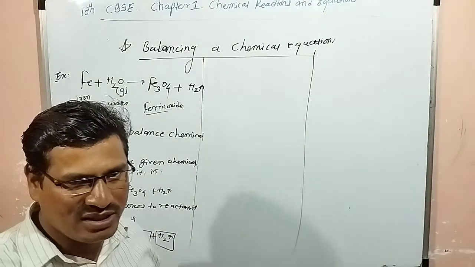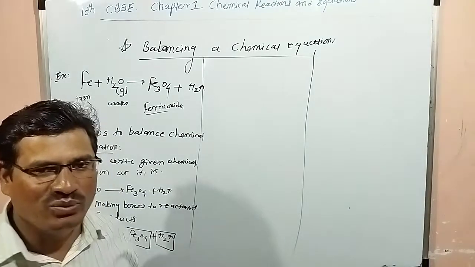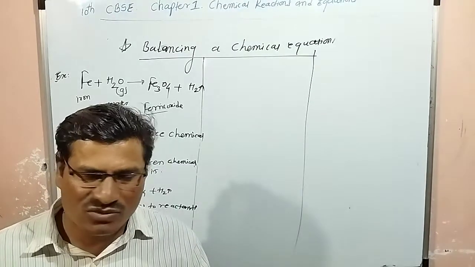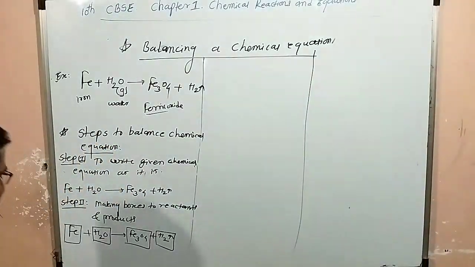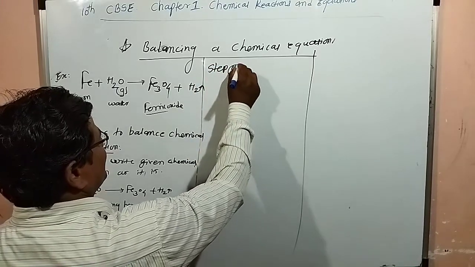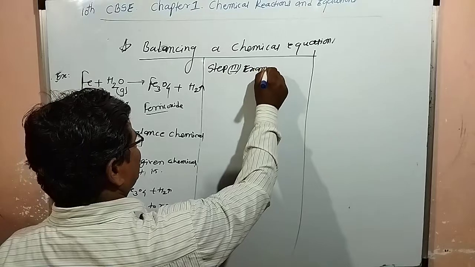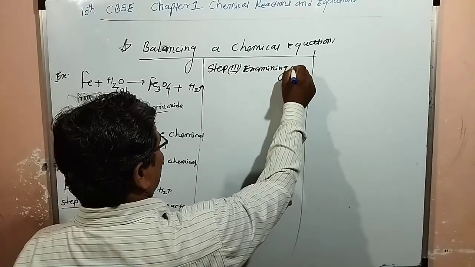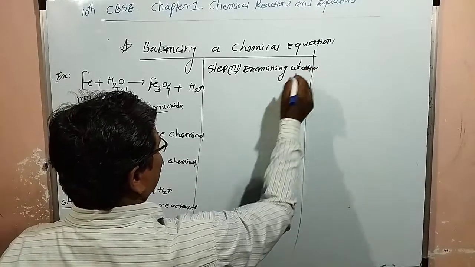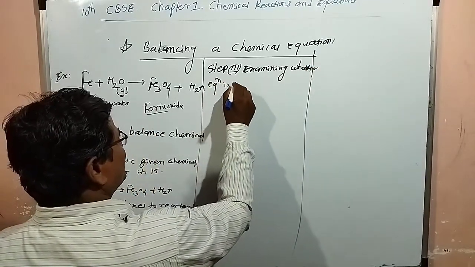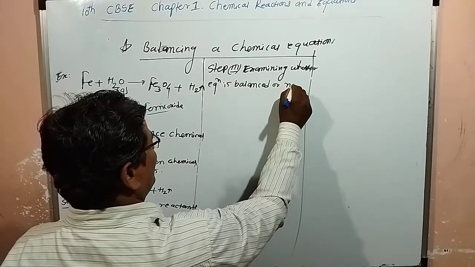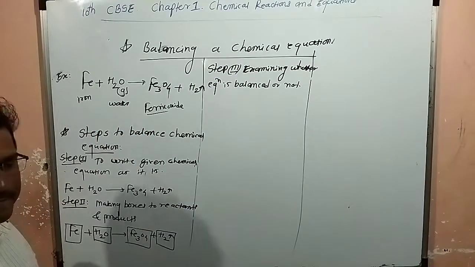Next, you have to check whether the chemical equation is balanced or not. If it is already balanced, then there is no need to balance it. So step number 3: examining whether the equation is balanced or not. How will you examine?